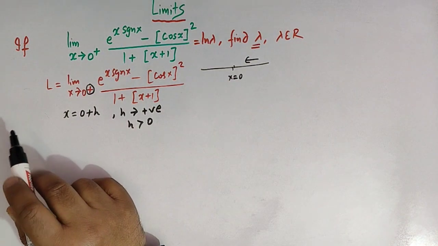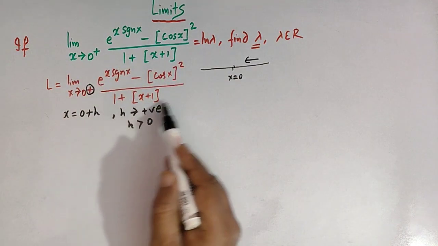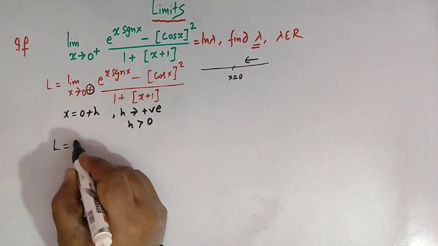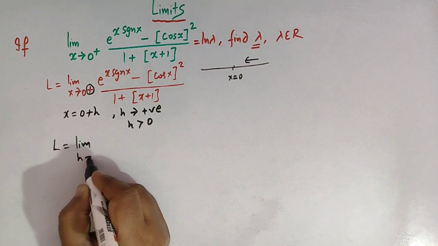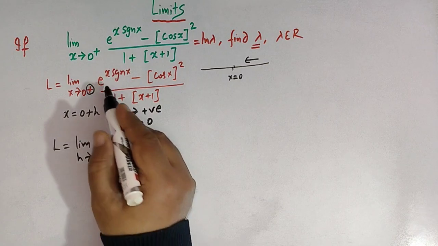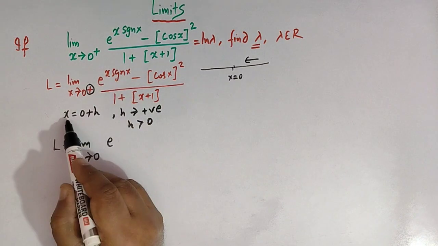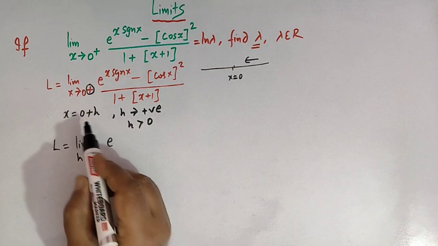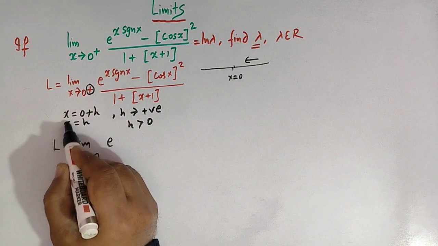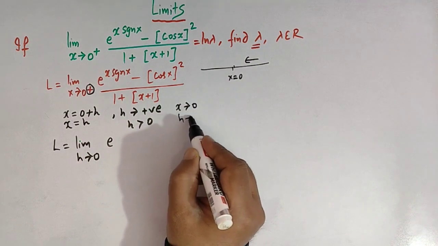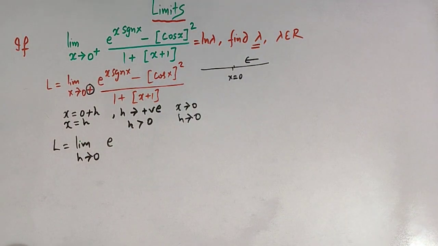Now let us write this limit in terms of h. So we have L equal to limit h tends to 0 of e raised to x signum of x. Since we are taking x equal to 0 plus h, we can take x equal to h, and when x tends to 0, obviously h tends to 0.